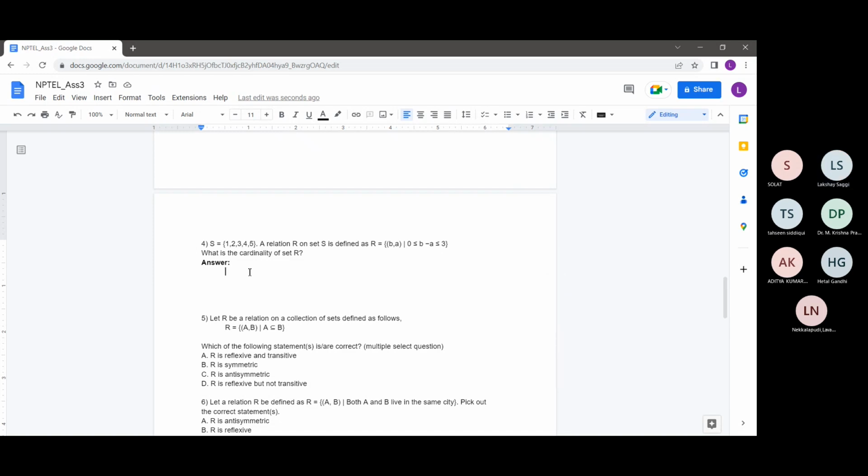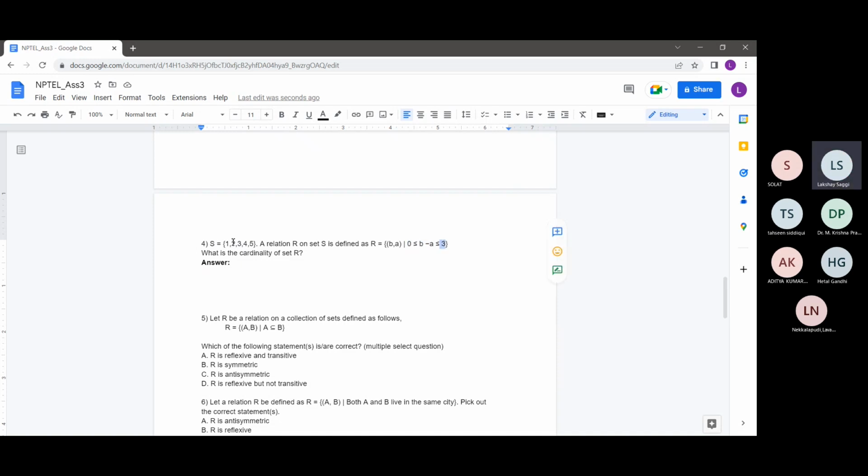So basically, the relation R says that B and A take values from the set {1, 2, 3, 4, 5}, and we define the set R such that the difference of these elements should lie between 0 and 3.